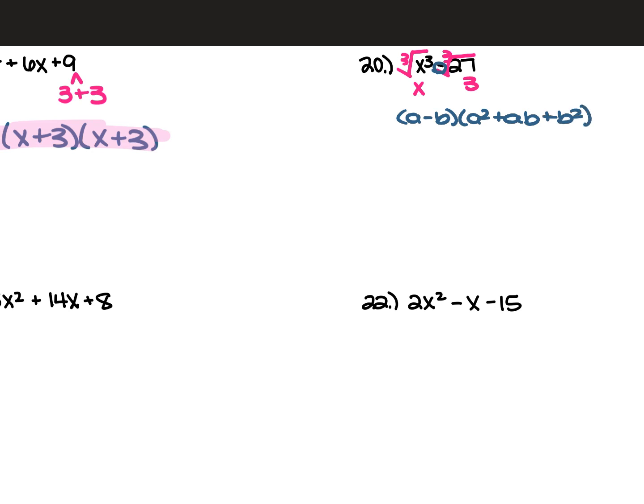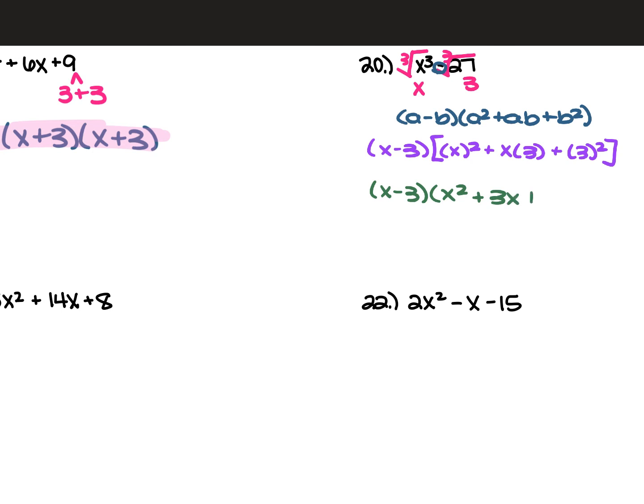From here, you're going to plug in the x for a, plug in the 3 for b. So that's going to give you x minus 3 times x squared plus x times 3 plus 3 squared. Simplify this, and that's just x minus 3 times x squared plus 3x plus 9.